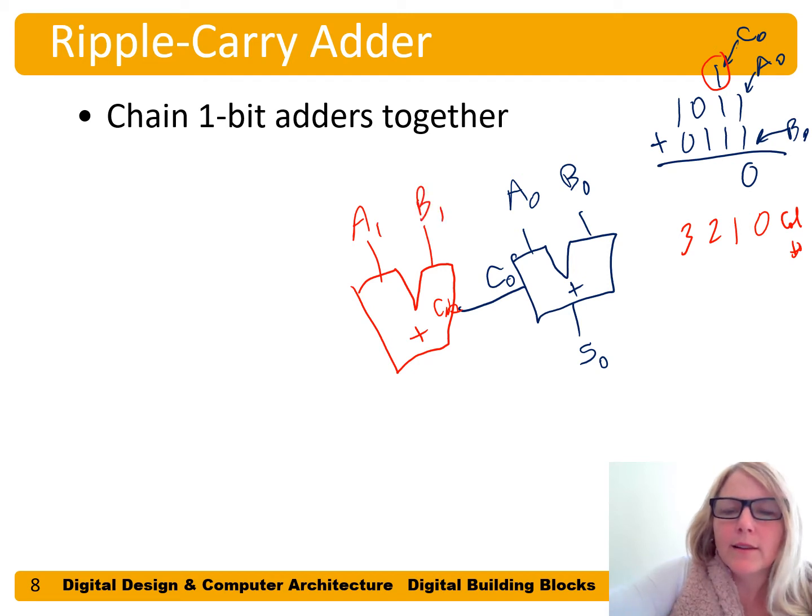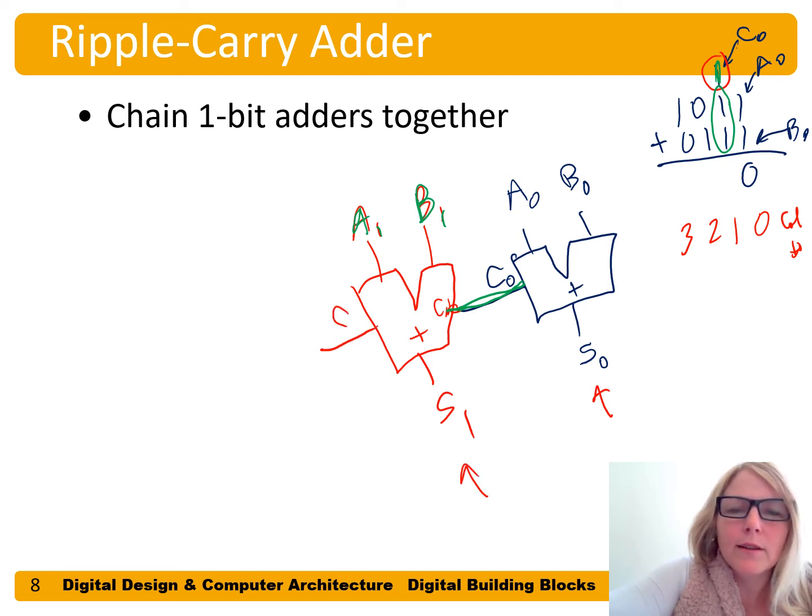This is the carry in input of this now full adder, A sub 1 and B sub 1. So now we're going to add these next bits, A sub 1 and B sub 1, and add that to our carry in here, that came in from the carry out of column 0. And we'll produce our sum bit, S sub 1, for the first column, and we'll produce a carry out, C sub 1, either a 1 or 0.